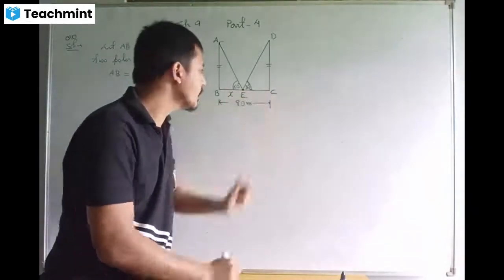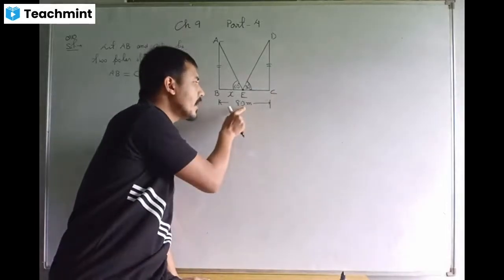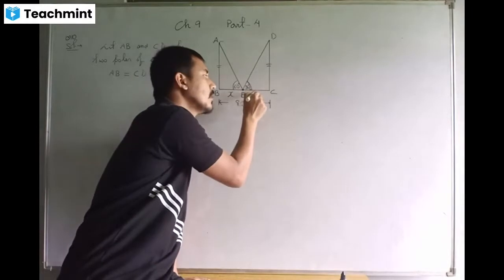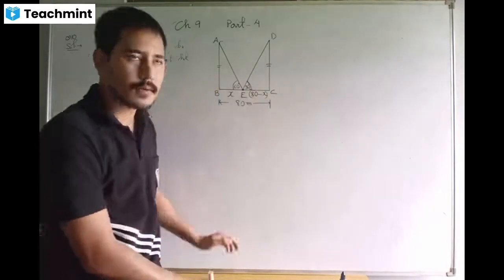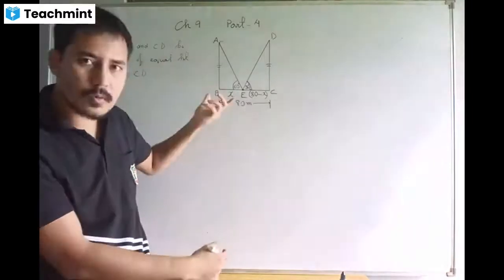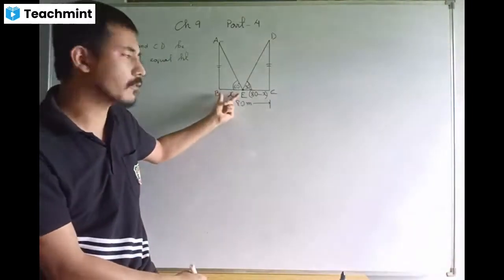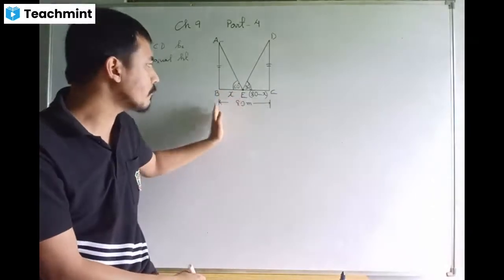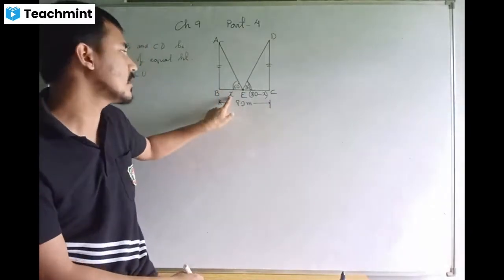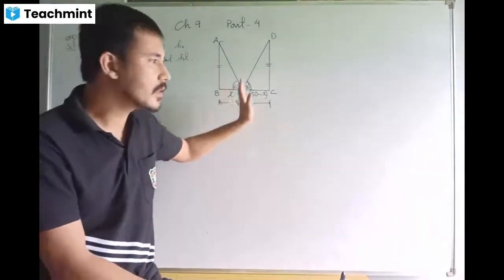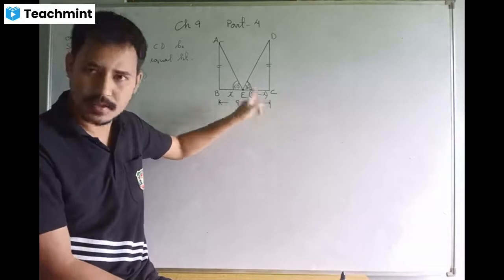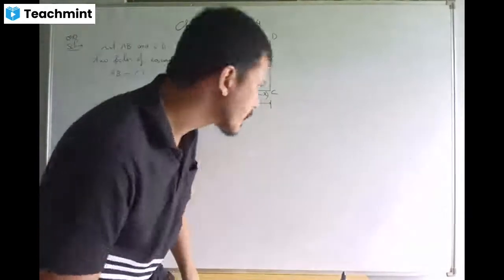The remaining length will be 80 minus X meters, right? I do not know the length of BE. So if I take it to be X, knowing that the full length is 80 meters, then the remaining length would be 80 minus X. Okay, CE would be 80 minus X. So I'm going to write that.